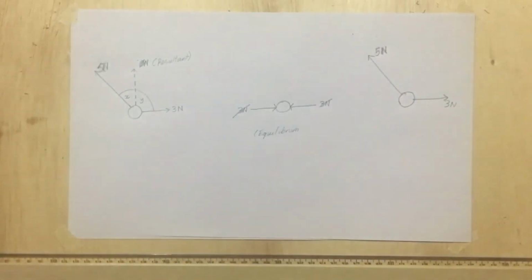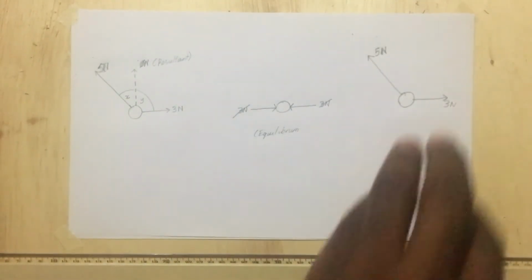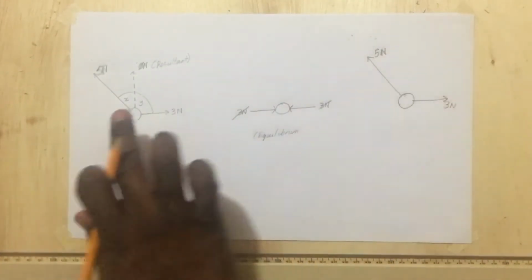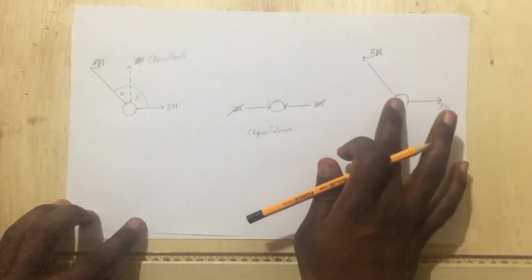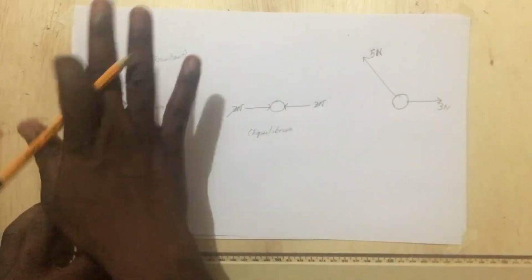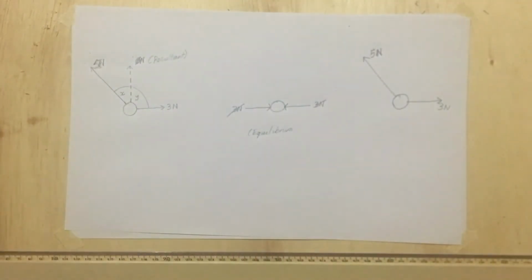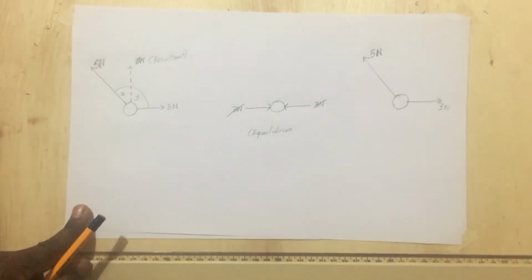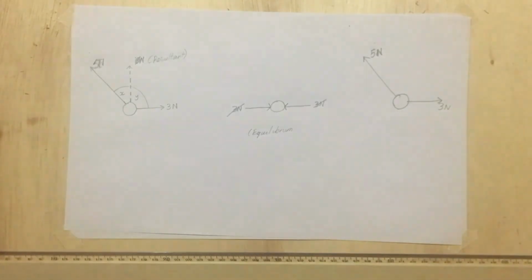So bear with me. If this body, which is, by the way, not in equilibrium because the resultant force will be applied by virtue of these forces combining, so this body will now be moving in this direction as a result of both forces being applied.